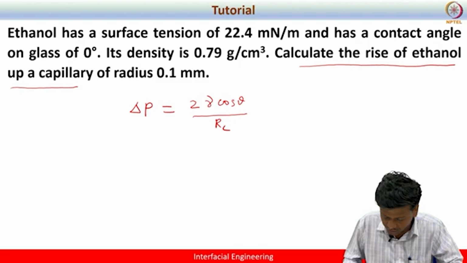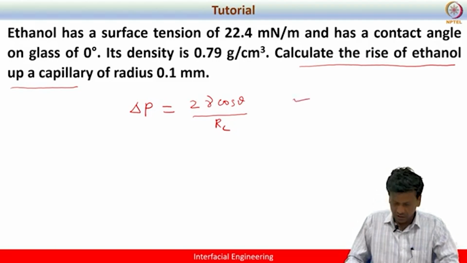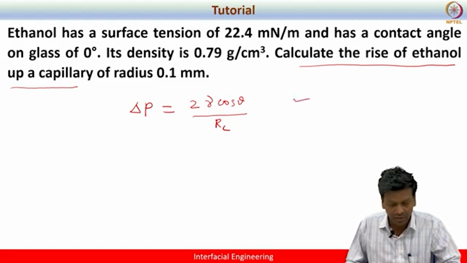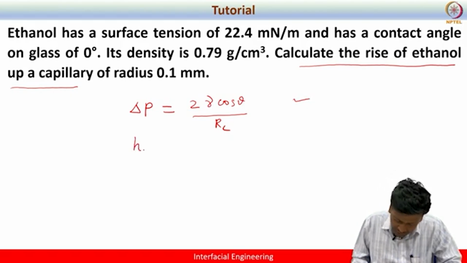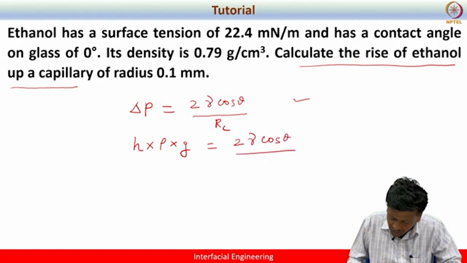This is the relation that we obtained using the derivation that we saw in the last lecture. So delta P is nothing but h into rho into g, whereas on the other side we have 2 gamma cos theta by RC. RC is the capillary radius.